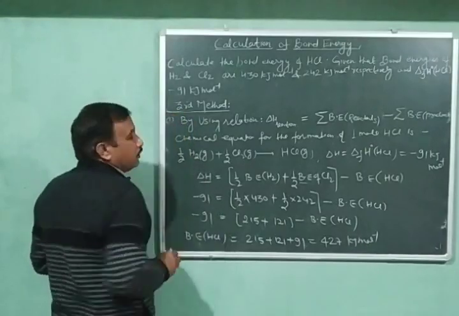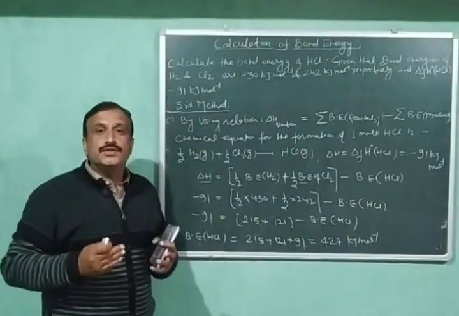And in the third method we will calculate the bond energy of HCl using Hess law.